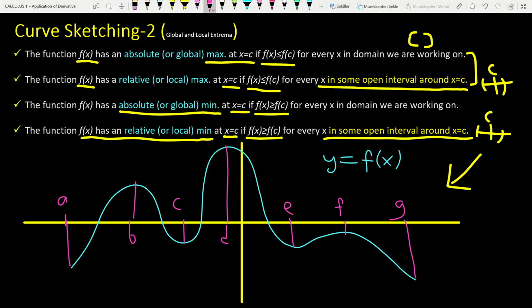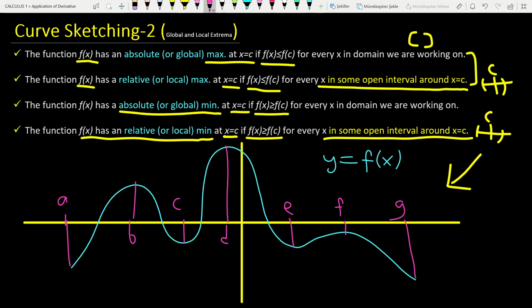What about the point A? Is it the global minimum point or not? It is not the global minimum point since we only have one global minimum point, if it exists. Sometimes it does not exist.